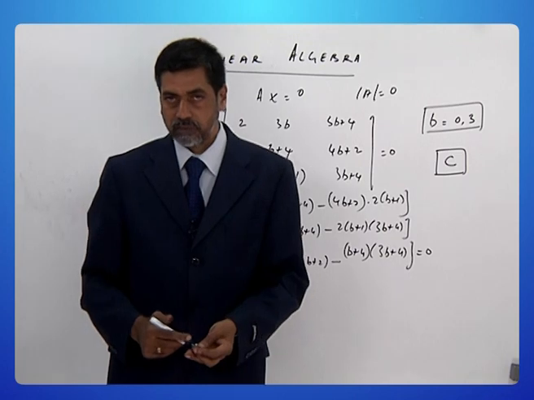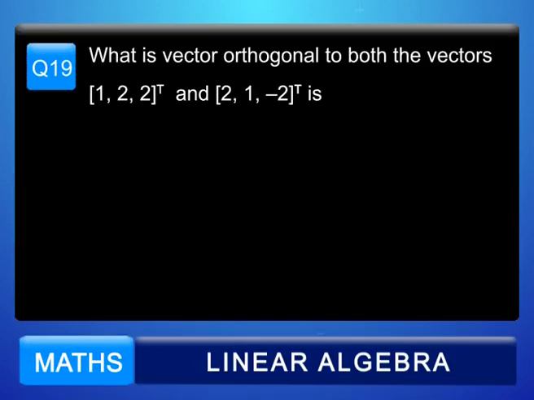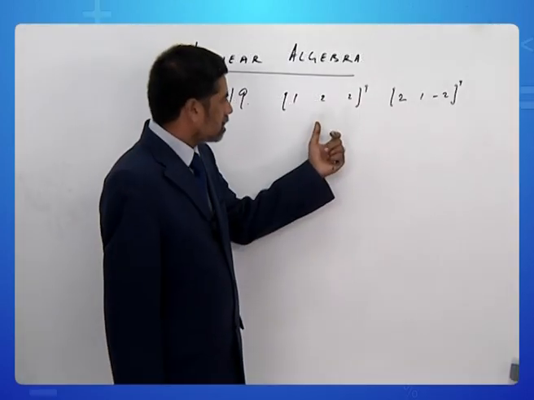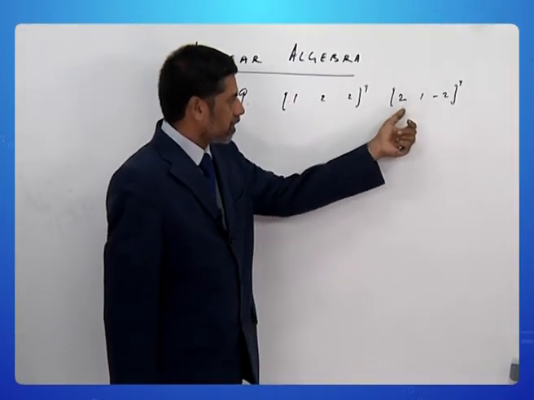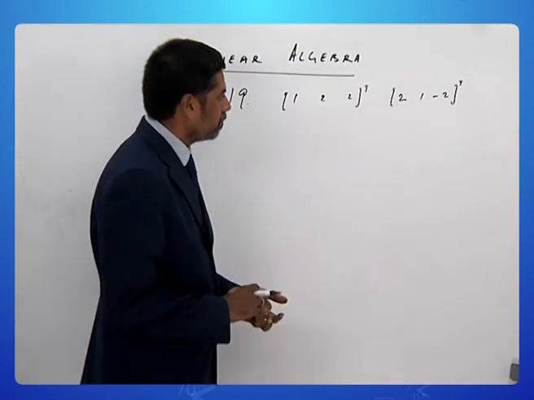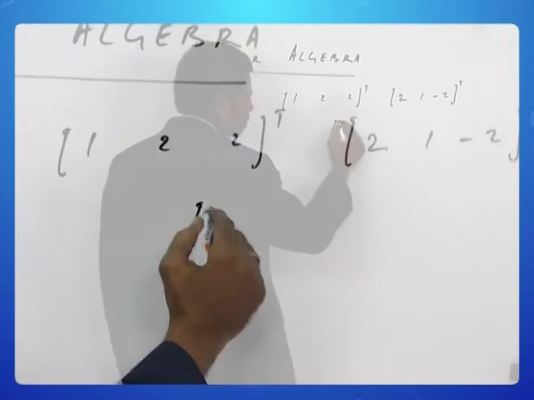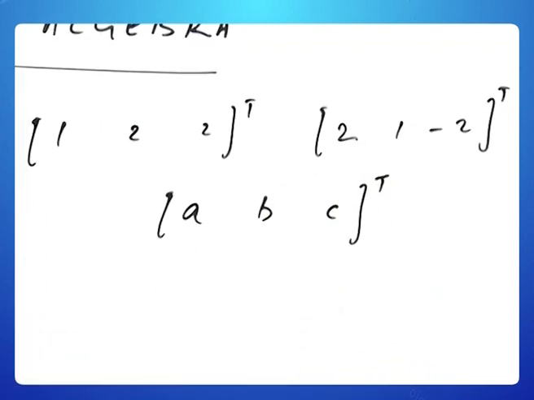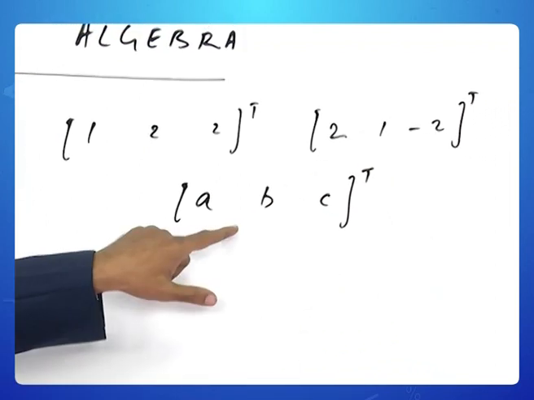Next question please. Question number 19. What is a vector orthogonal to both the vectors 1, 2, 2 and 2, 1, minus 2? Now you can see that these are two vectors and we want a third vector. Let us call this a, b, c transpose such that it is orthogonal to both.